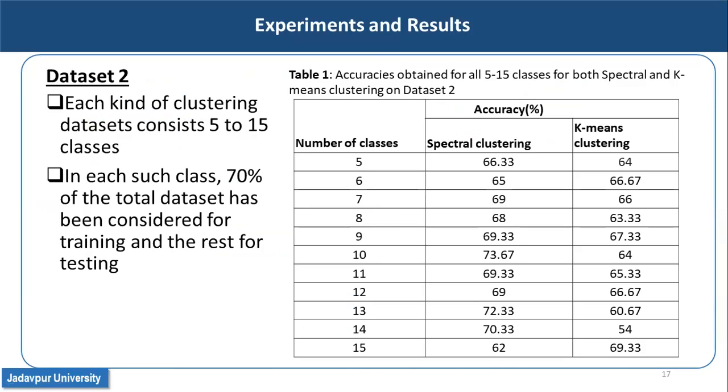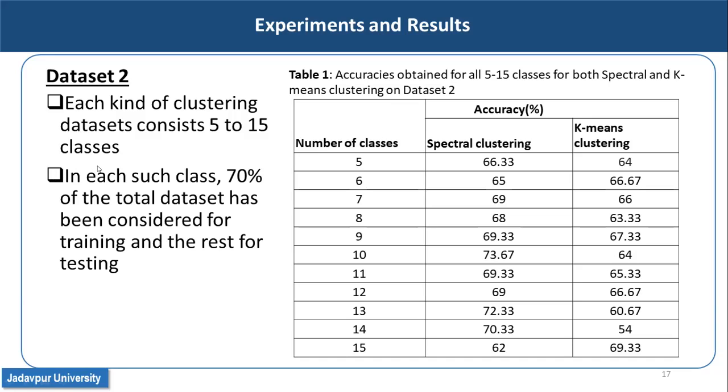In data set 2, two methods were implemented: spectral clustering and k-means clustering. The number of classes for the clustering, which were presented as input, was changed from 5 to 15, and for each the accuracies were calculated.